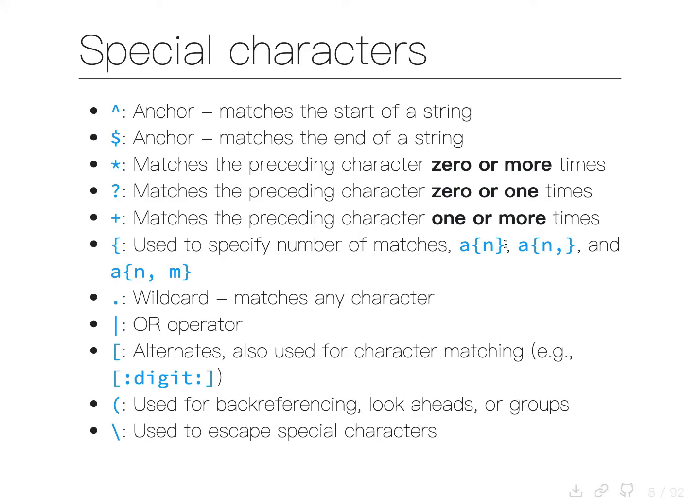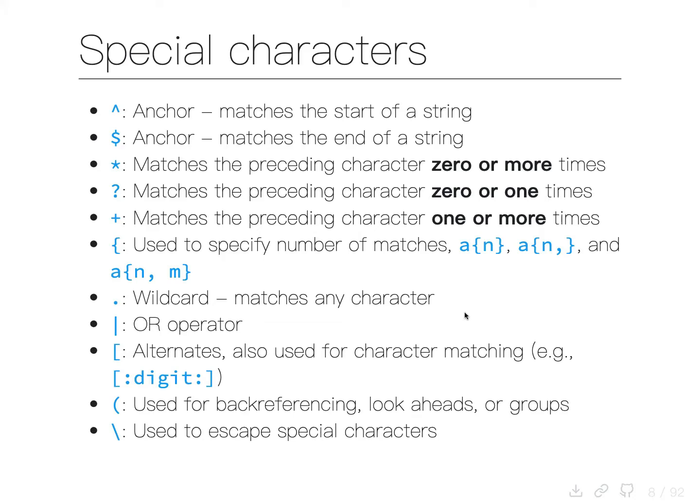All right. You can also say n comma, and that's going to say 2 or more, or 3 or more, whatever you put in for n. And then finally, you can use n comma m. So you could say 2 comma 4, and it would look for instances of 2 A's, 3 A's, or 4 A's, but nothing else. Not 1 A and not 5 A's.